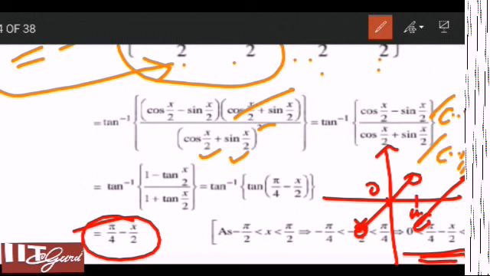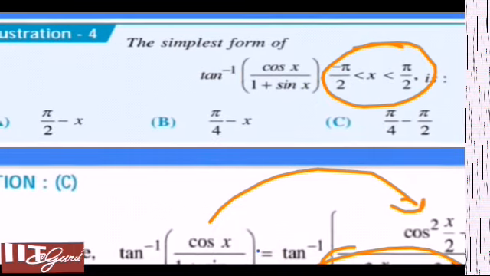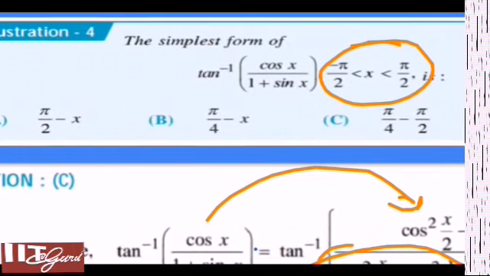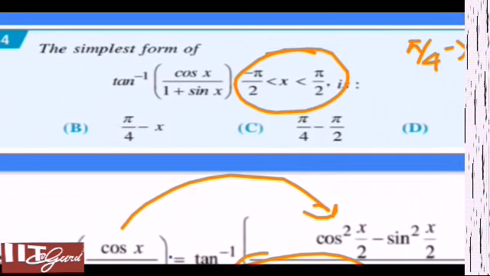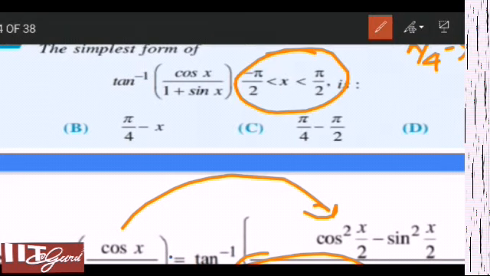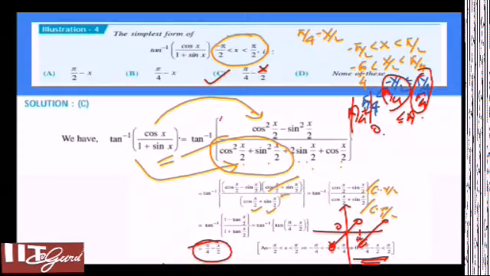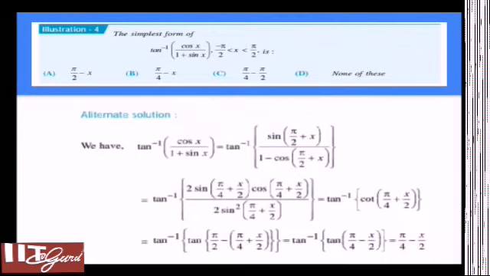If cos inverse lambda plus cos inverse mu plus cos inverse gamma is equal to 3 pi, then find the value of lambda mu plus mu gamma plus gamma lambda. Let's see how to solve this question.